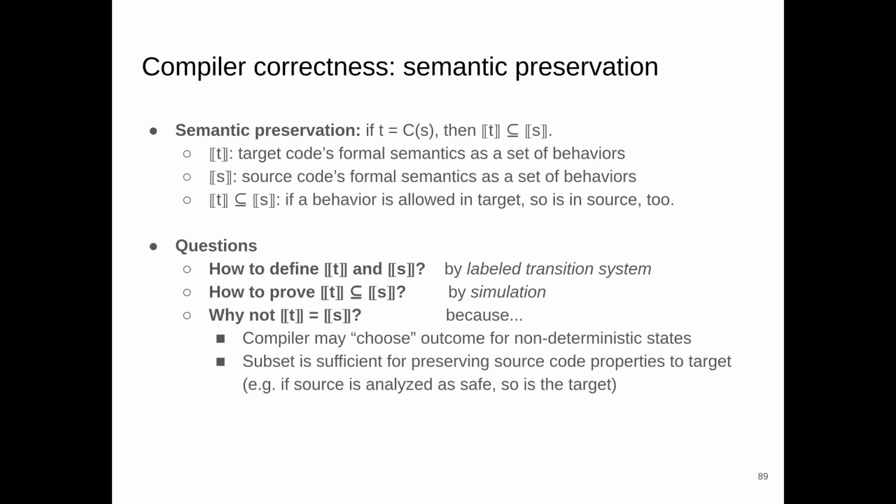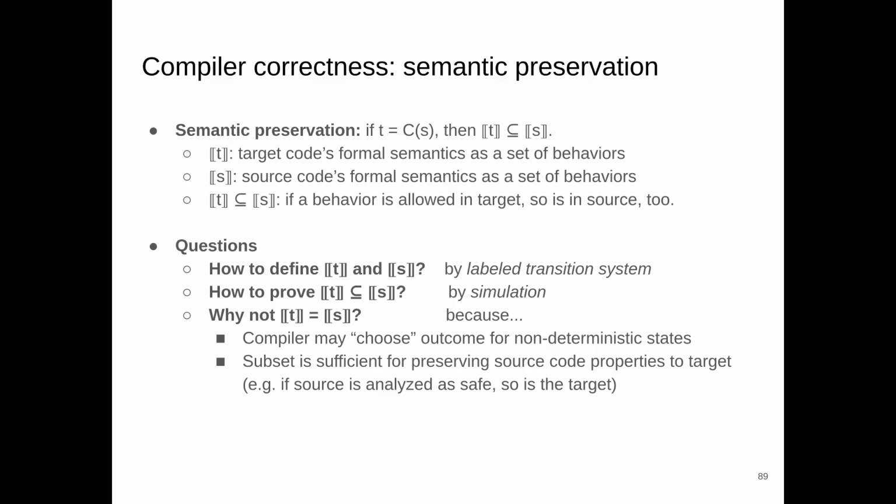So that is basically the meaning of this subset relation. The behaviors for the target are a subset of the behaviors of the source. In other words, if a behavior is allowed in a target, then it should be so in the source as well.